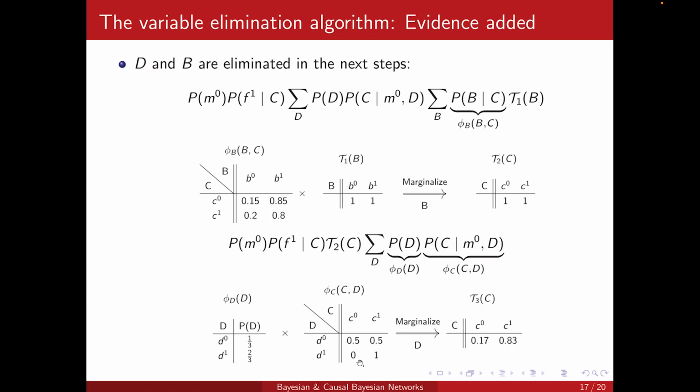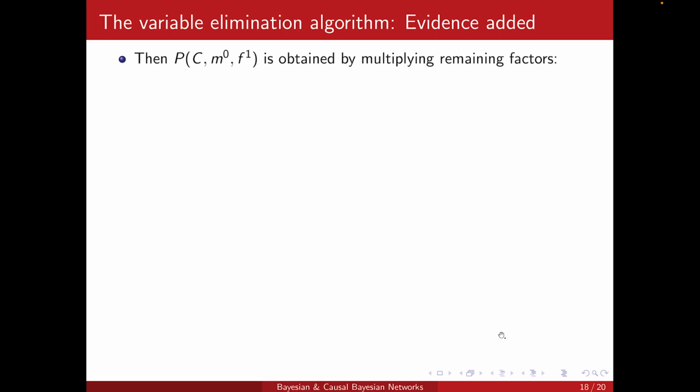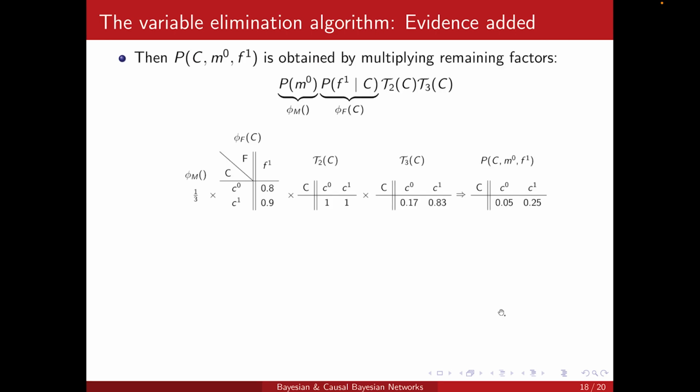But the way of doing it is the same as before. So I have this row, I need to multiply it by 1/3 and 2/3 for the second one. Okay, and then I will add them up. So I will end up with this. We can continue on. The last term will be here. So that ended up to be tau 3 of C.